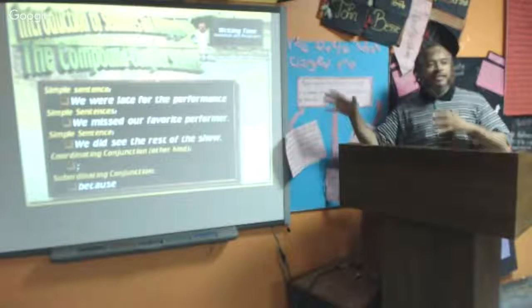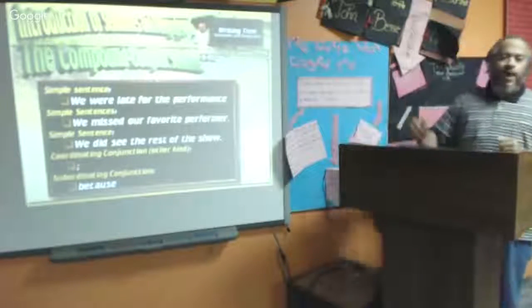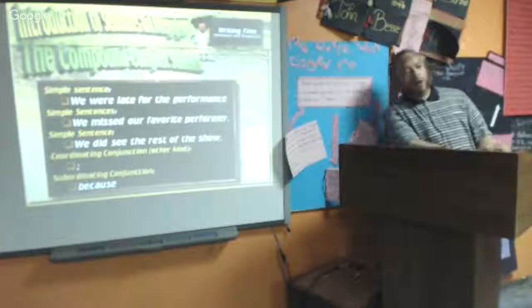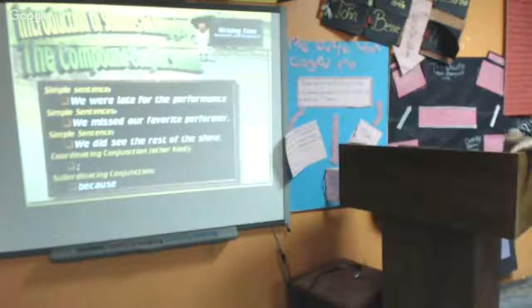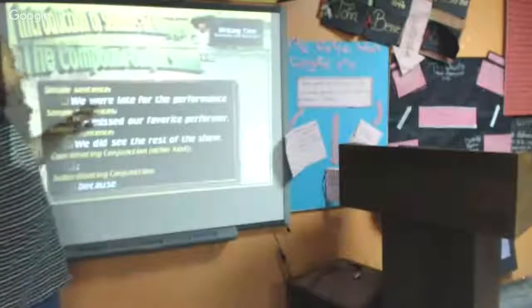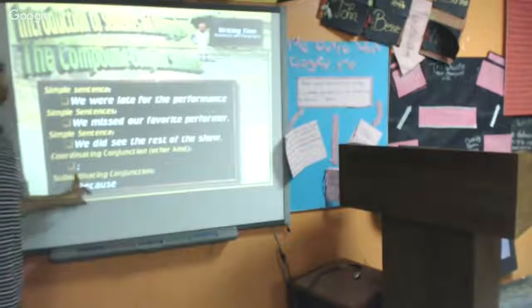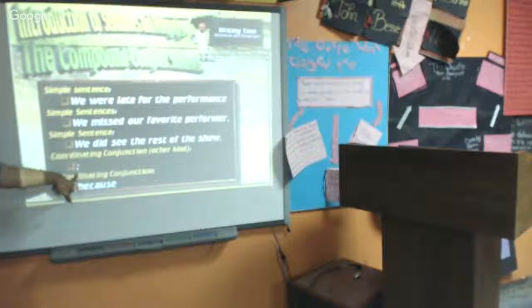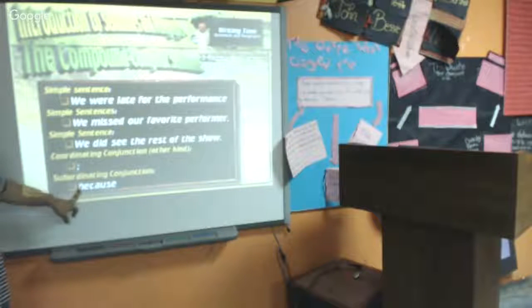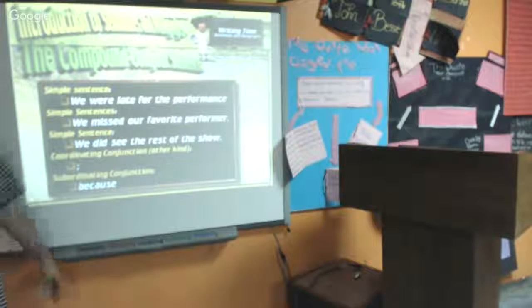But that is the sentence broken down. So we see in all its glory the three independent clauses. We isolated the conjunction that connects two of them, and we isolated the word that's going to make one of the independent clauses dependent.